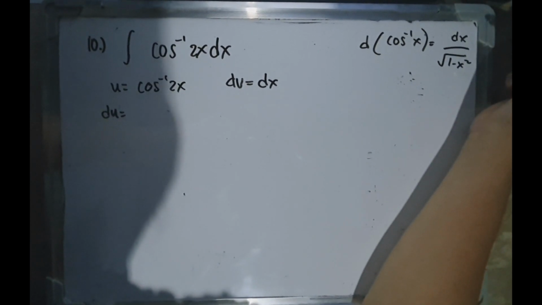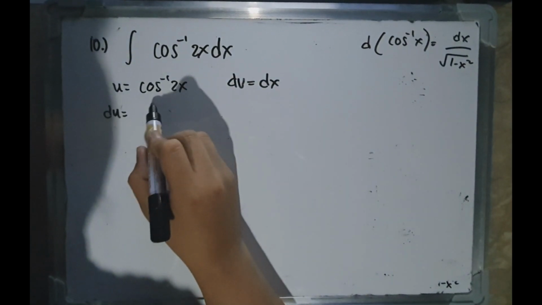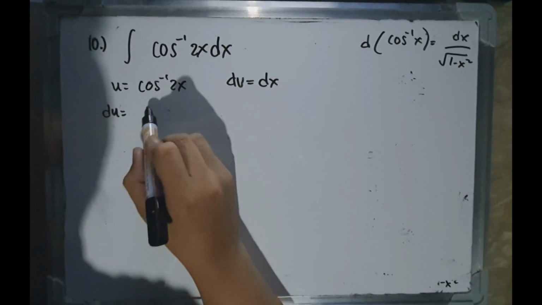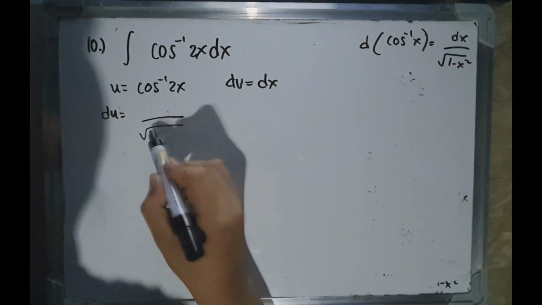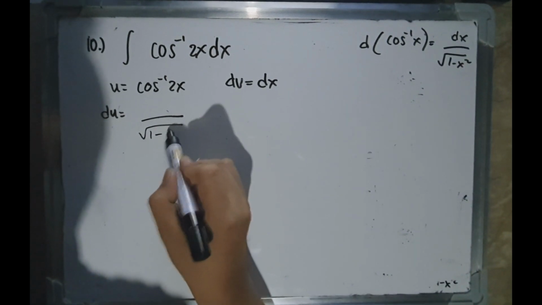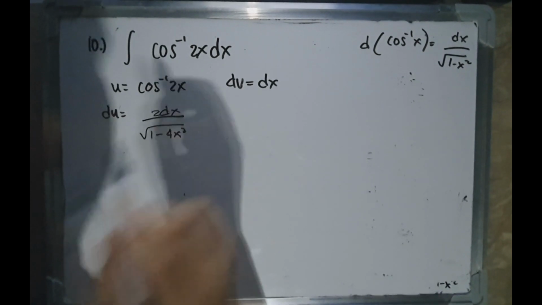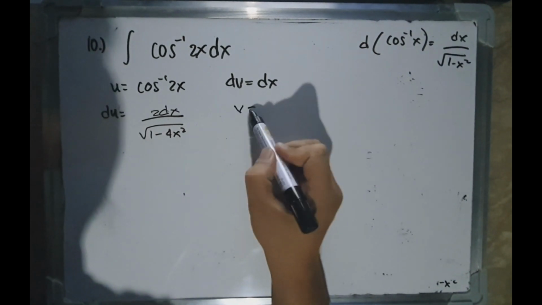Okay, so this one, it's the arccos of 2x. This will be equivalent to the square root of 1 minus 4x squared into dx. How about the v, which is x?